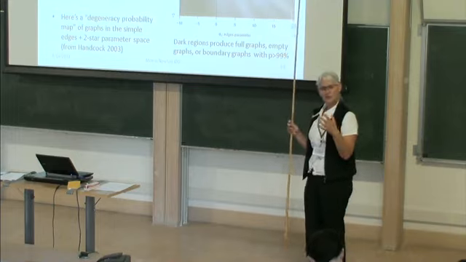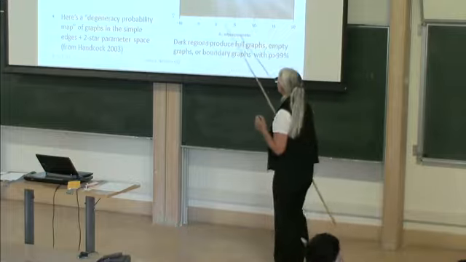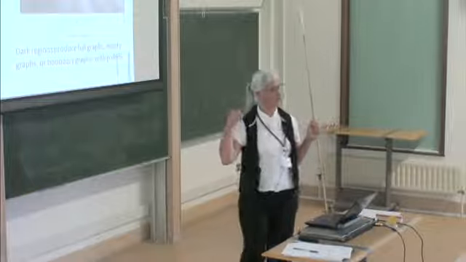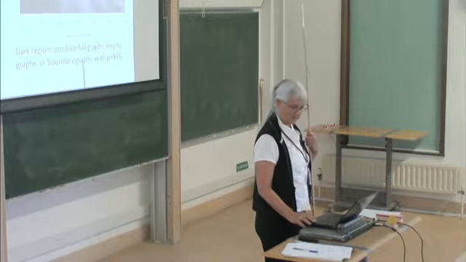You know, so there are configurations that you wouldn't see in practice. And the only part of this parameter space that has any interesting graph is the part that's light. So that's what we're trying to do our likelihood estimation on.